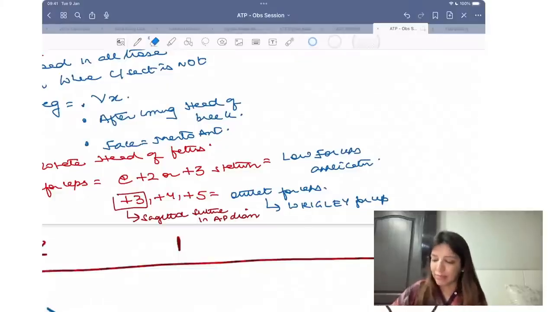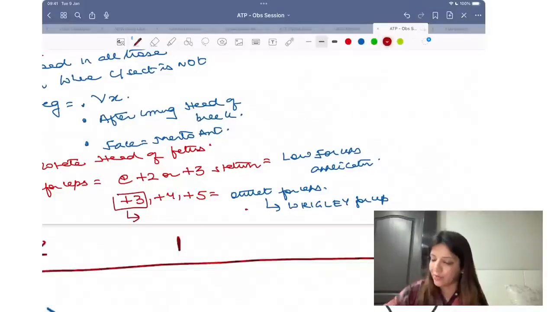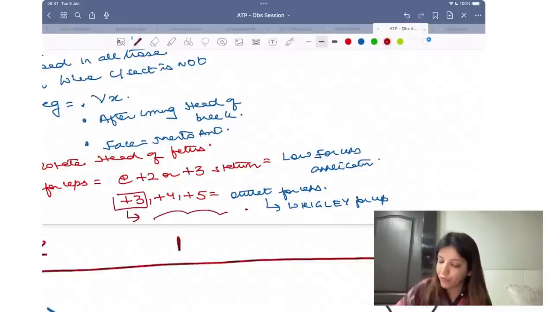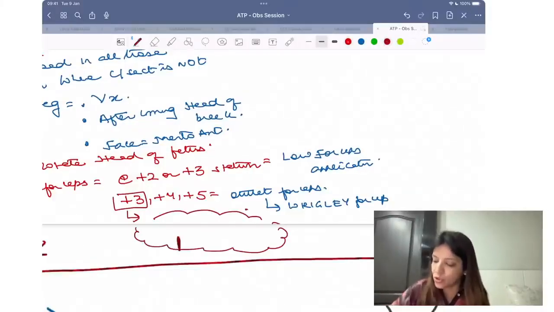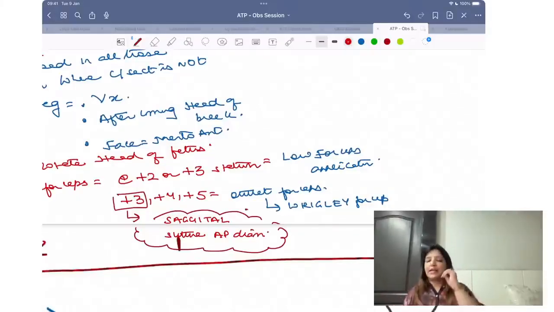So I'm writing this line properly because it is very, very important. If your question says sagittal suture in AP diameter, then you are going to apply outlet forceps.